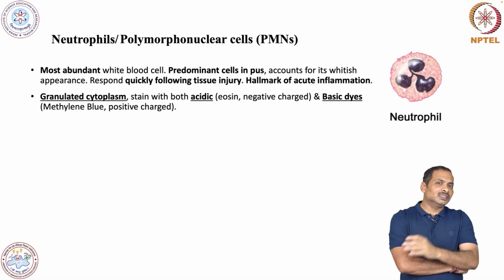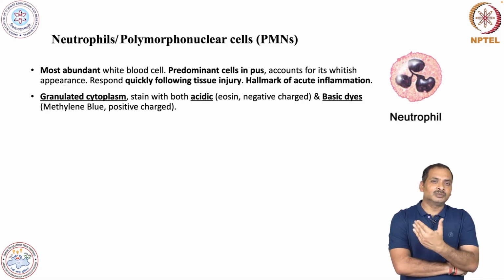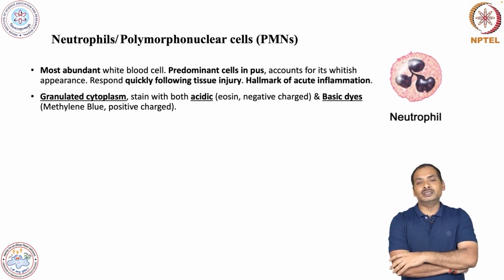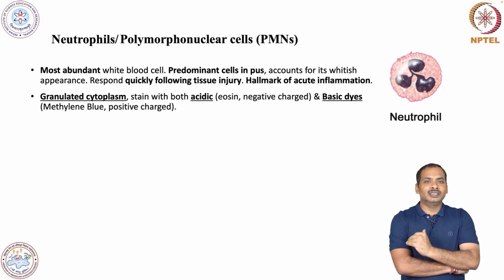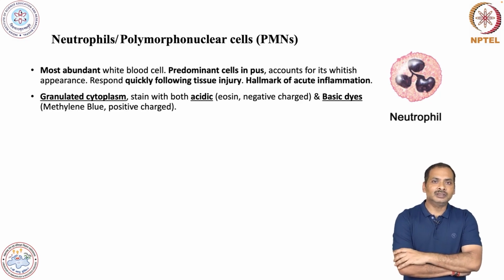That is why these cells are called neutrophils. Some cells are stained by the acidic dye, and some by the basic dye, and on that basis the names were given.